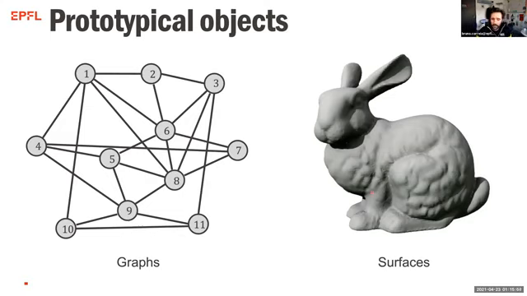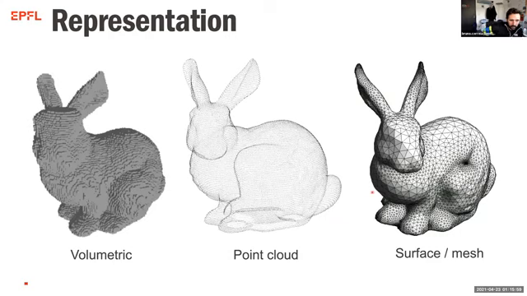These surfaces can also adopt different types of data structures, which can be volumetric, or point clouds, or even meshes. And meshes are basically triangulations of your surface that you can then work with. The mesh representation was exactly what we used to study proteins. So we're going to focus on this one.